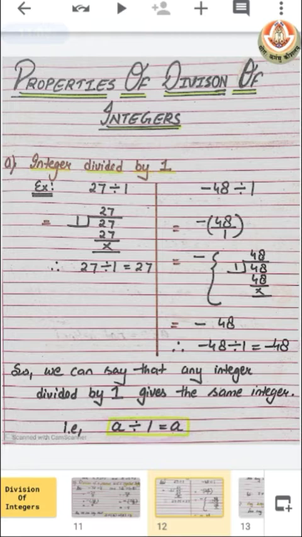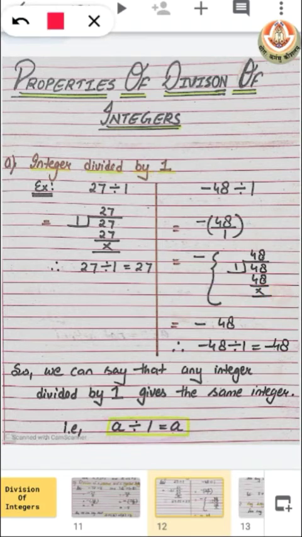Now about properties of division of integers. In last class, we had learned various properties of multiplication of integers. Now, similarly, we have various properties of division of integers. We will start with the simplest one.